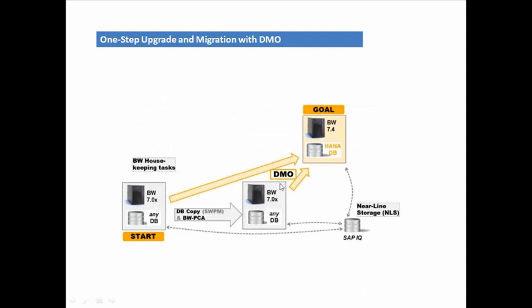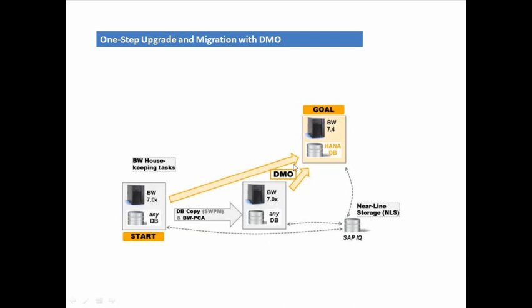I build 7.0 on some database with post copy automation, client copy and all this. They create an exact copy, which we call post copy automation, of that system in another box. So the old box is as it is, and I have a new box which is an actual copy of it.